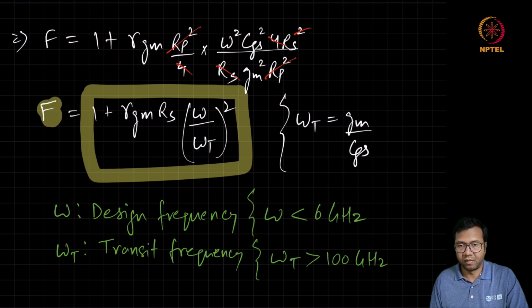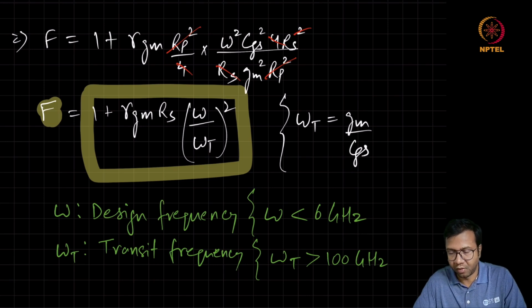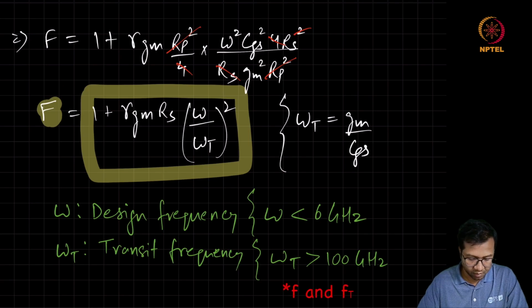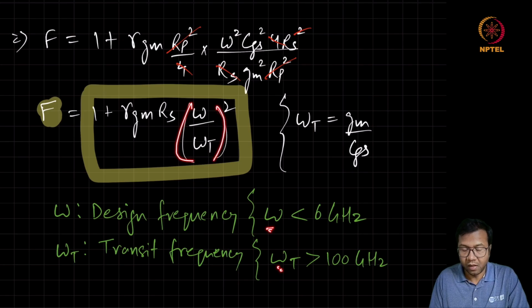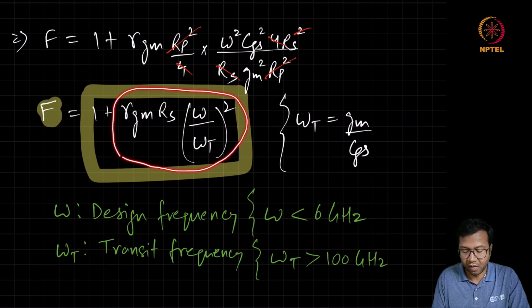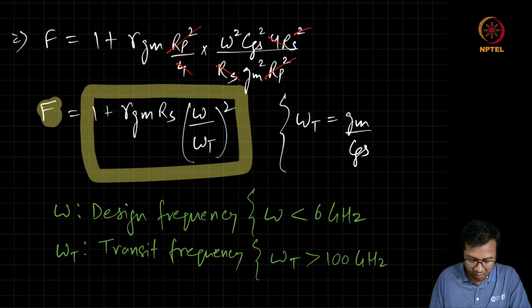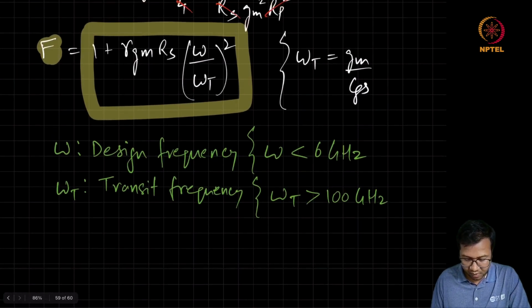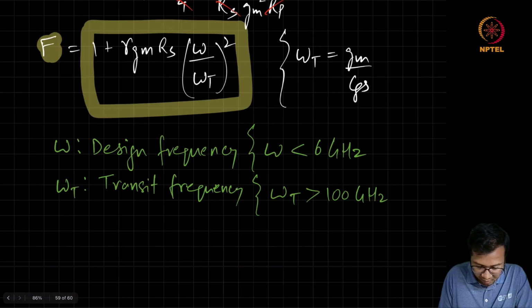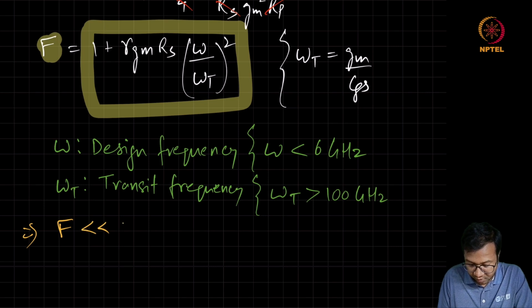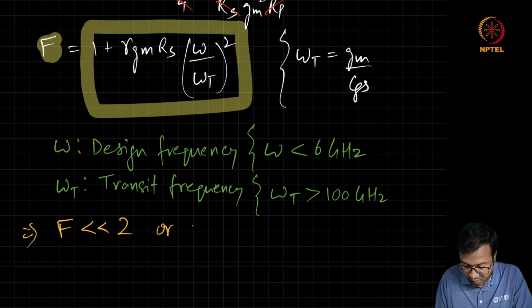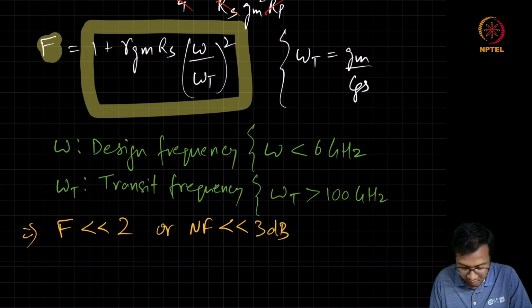In a more advanced process, this omega t will be also touching 200 gigahertz. We can see that under such a scenario, this omega by omega t can be a very small quantity, so that second term can be much smaller than 1. So we can conclude that this F can be much smaller than 2, or noise figure can be much smaller than 3 dB.